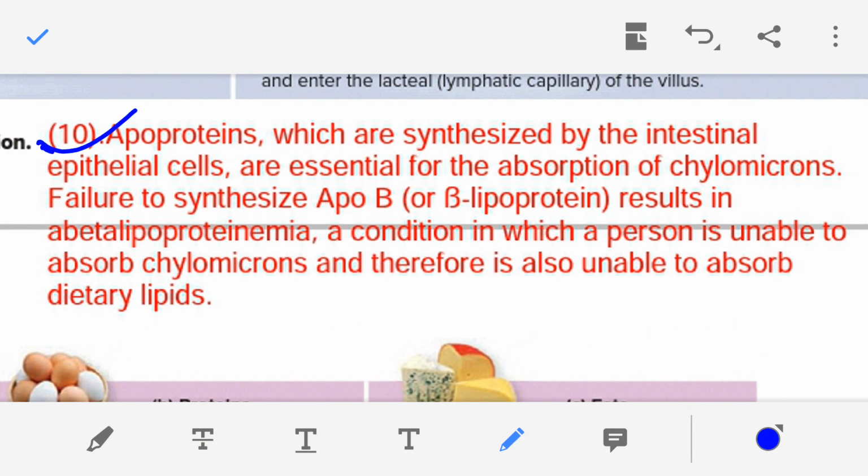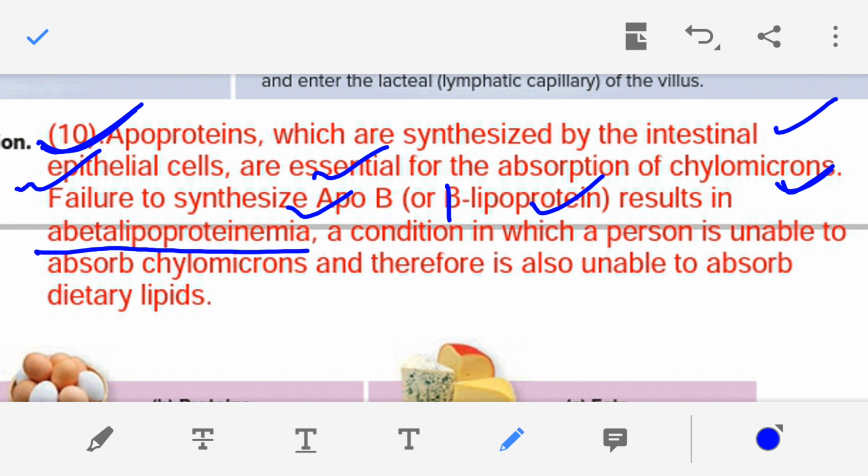Now the apoproteins are synthesized in the intestinal epithelial cell, and this apoprotein is essential for the absorption of chylomicrons. Now the person who is not able to synthesize this apoprotein, let's say ApoB or the beta lipoprotein, suffers from the disease known as abetalipoproteinemia.